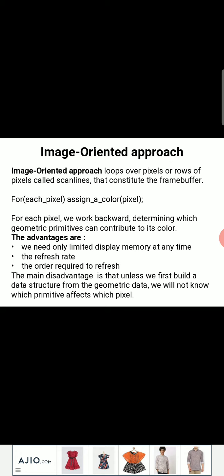The advantages of this approach are that we need only limited display memory at any time. The refresh rate is also high and the order for refreshing is simple, that is scan line by scan line. The main disadvantage is that unless we first build a data structure from the geometric data, we will not know which primitive affects which pixel.